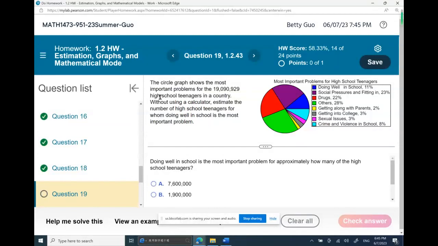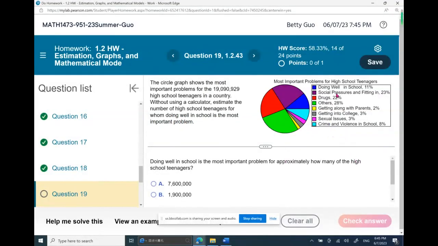What are we looking for? It shows the most important problems for the 19 million high school teenagers in a country, without using a calculator. Estimate the number of high school teenagers for whom doing well in school is the most important problem. Okay, let's see.